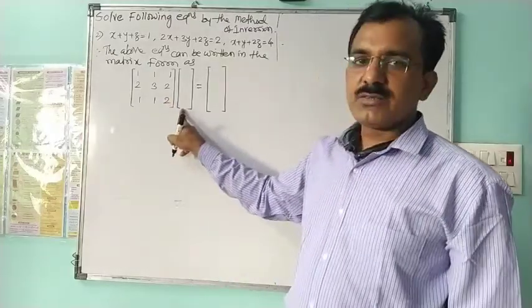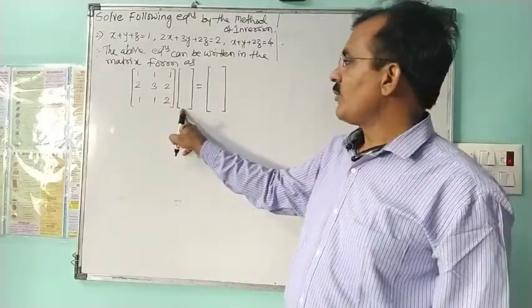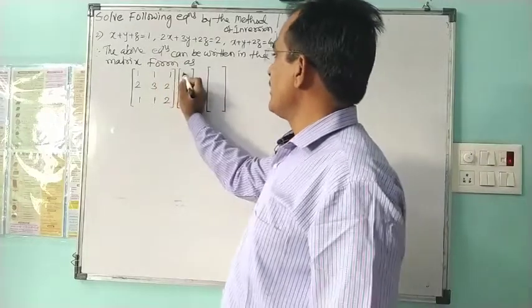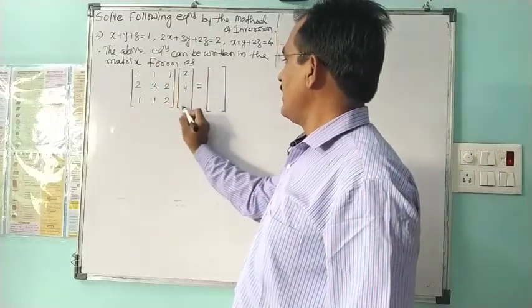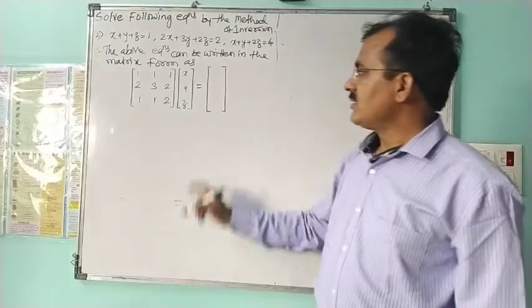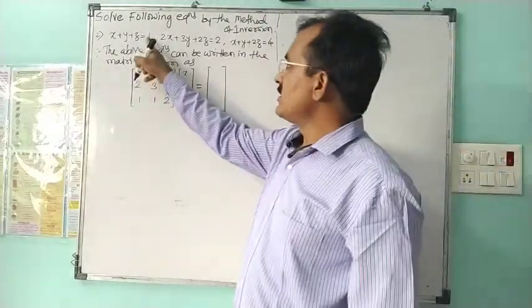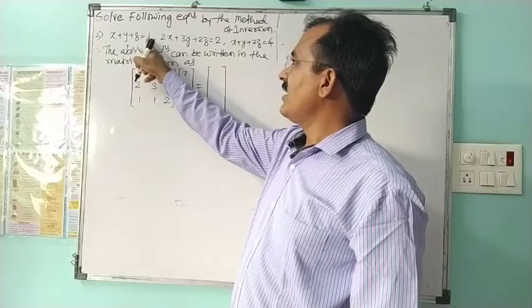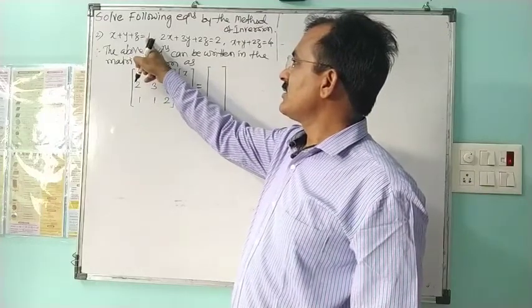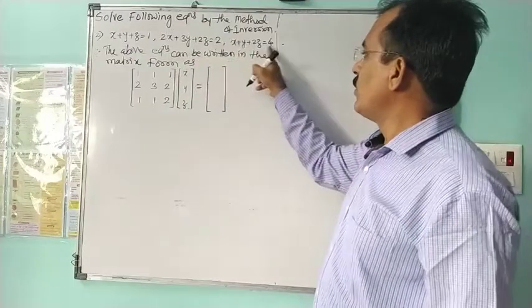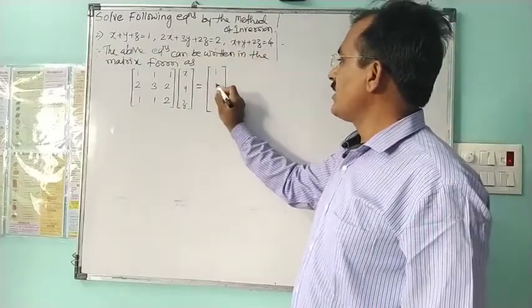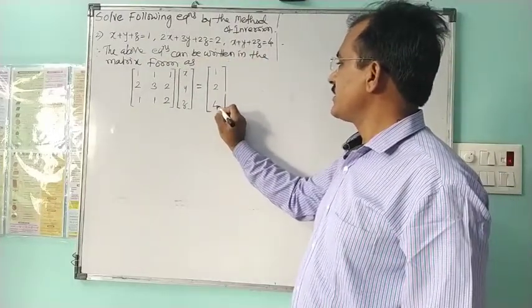This is a matrix which we call the matrix of variables. So variables names are x, y and z, and in right hand side we call this matrix the matrix of constants. So constants given in the equation, that means the right hand side of the equations, are 1, 2, 4. So this is a column matrix containing these three elements.